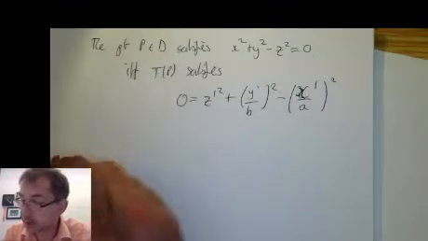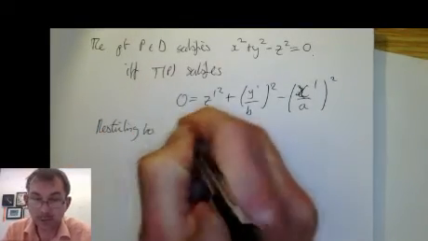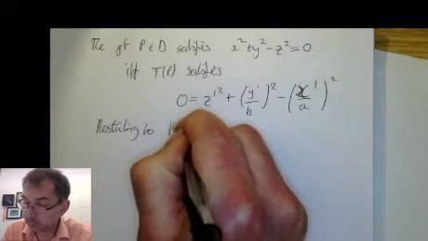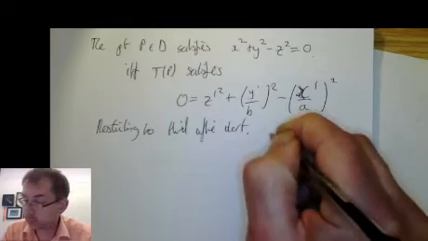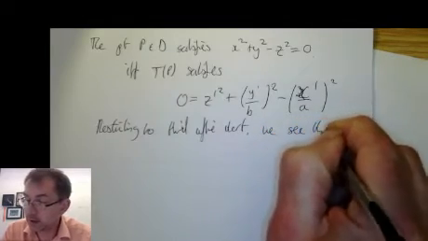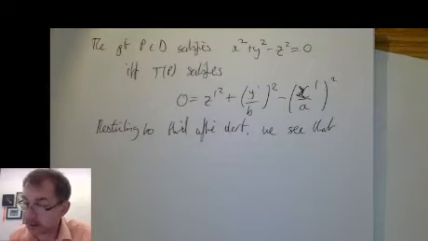So restricting to the third affine chart, we're just going to have to divide this through by z dashed squared.